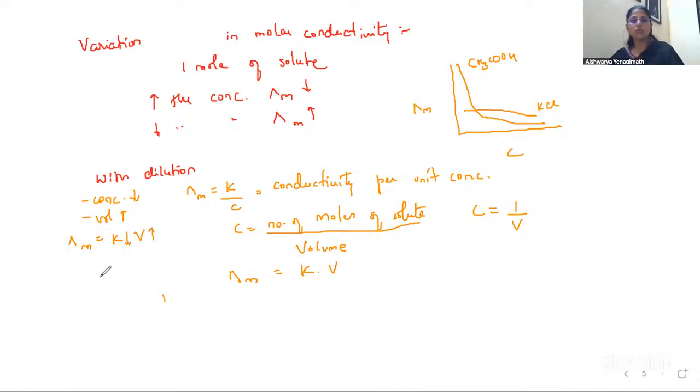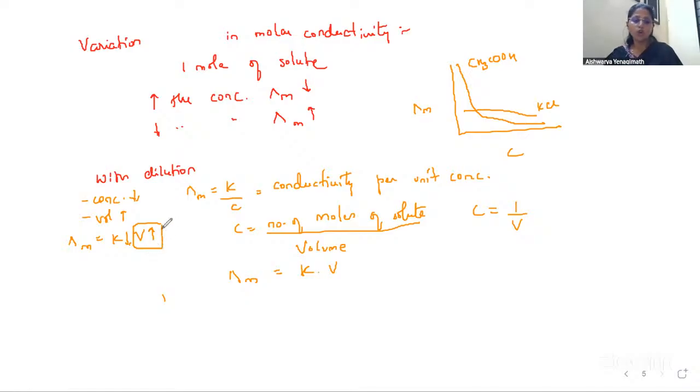Molar conductivity is related to both the terms, kappa and volume. It is directly proportional to both. But here K is decreasing, V is increasing. Correct? So who is my decision maker? Decision maker is volume. This is my decision maker.